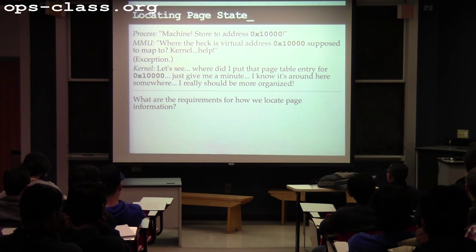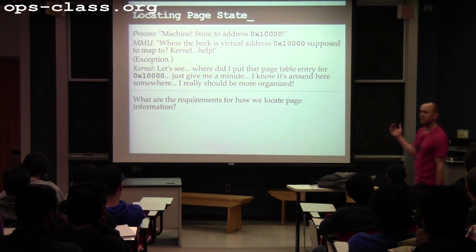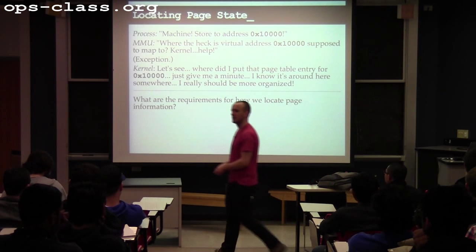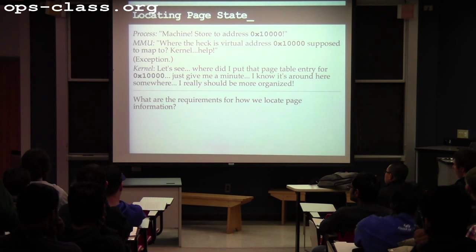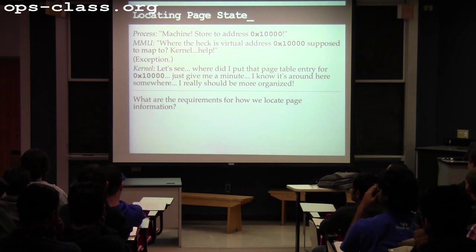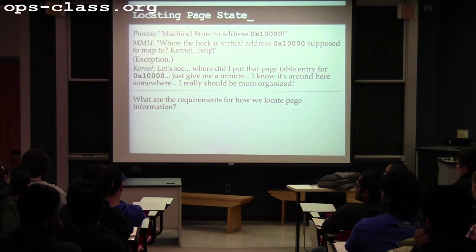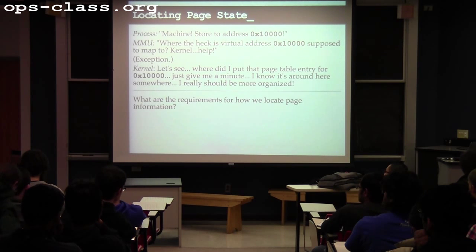When I start thinking about designing a data structure to perform this translation or to look up this information, what are the two things that I would ideally want that data structure to be, right? Okay, I want it to be fast. What else? Where is this data structure going to be stored? Memory.